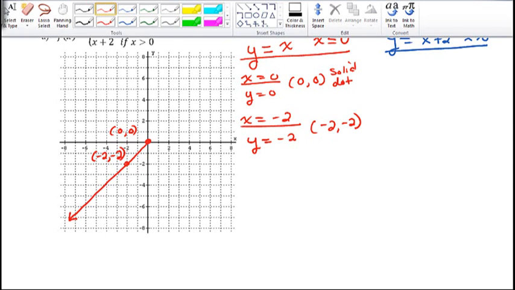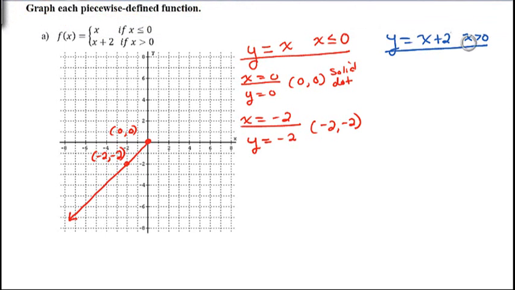Now we're going to move on to graphing the other piece, and again we need 2 points. You need to know where you start using this piece, so you need to put 0 into this equation. Even though it's not really defined at x equals 0, you still need to plug 0 in for x. I'll use an arrow instead of an equal sign because x can't actually be equal to 0. Then y would be 0 plus 2, or 2.